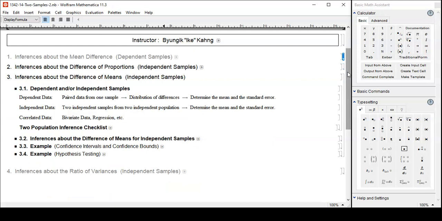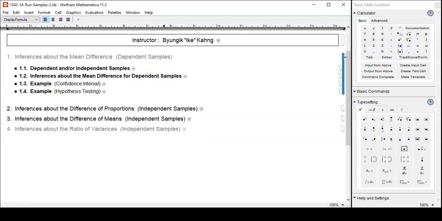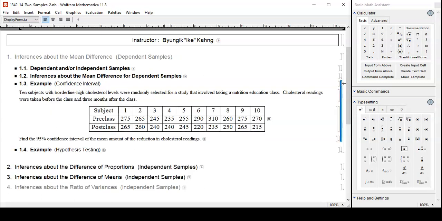Now, what if we have two independent samples? They may be coming from two different populations, or from two different samples of the same population, or they may even come from the same sample, as a matter of fact. Let's go back to this example and imagine this case.